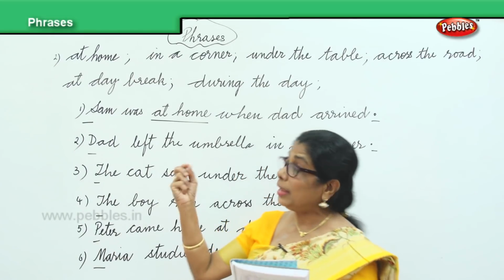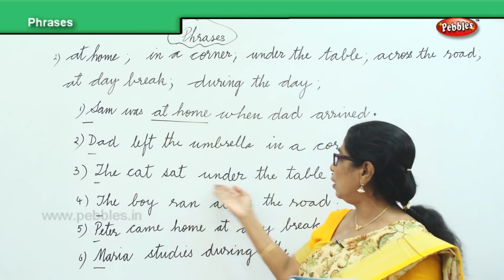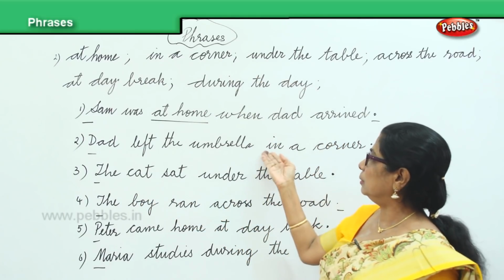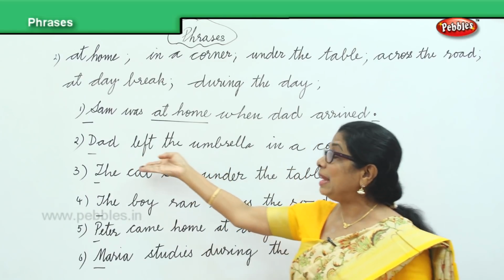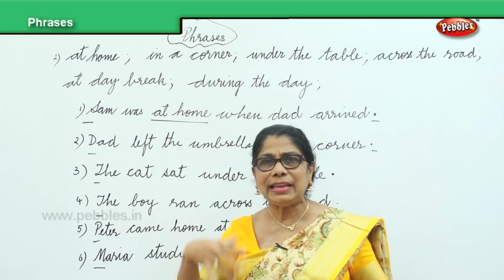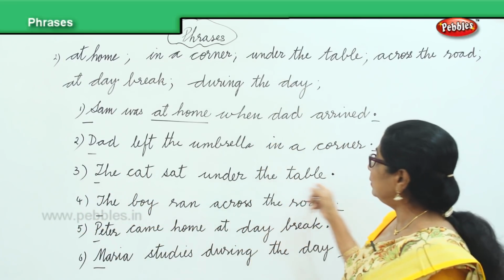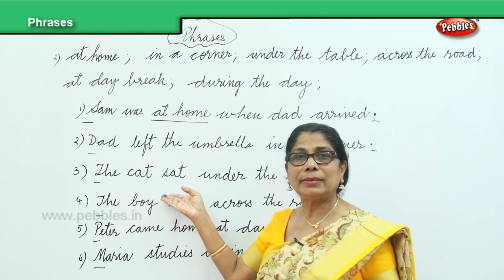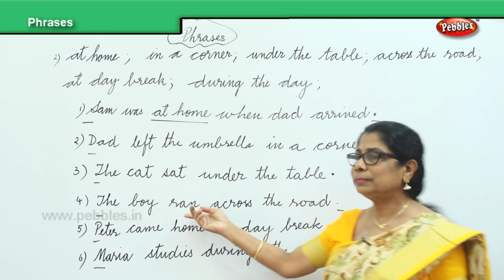Okay. So now we are adding. Now let's say second, in a corner. In a corner, where is the verb? Dad left the umbrella. Left. Leaving. Keeping. Something is happening. So, verb. Now, under the table. Sat. Who sat under the table? Cat. Across the road.